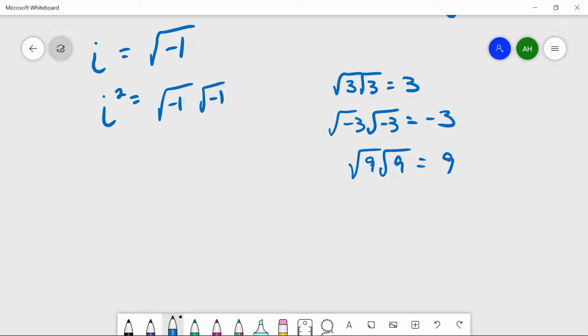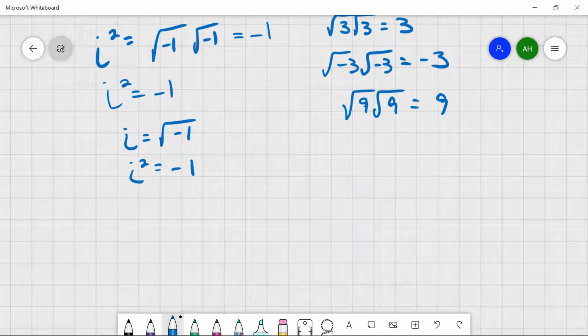Well, here the square root of negative 1 times the square root of negative 1 is going to equal negative 1. So i squared equals negative 1. i equals the square root of negative 1. i squared equals negative 1.